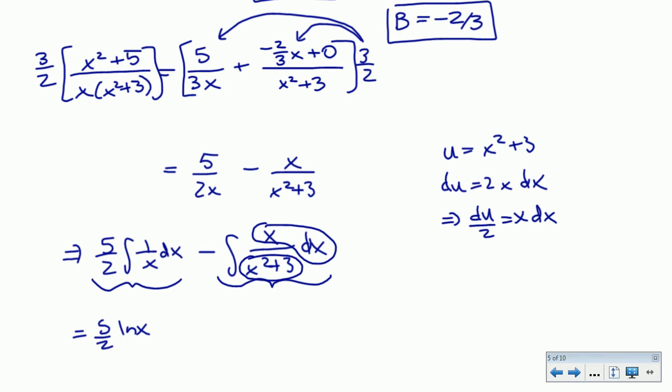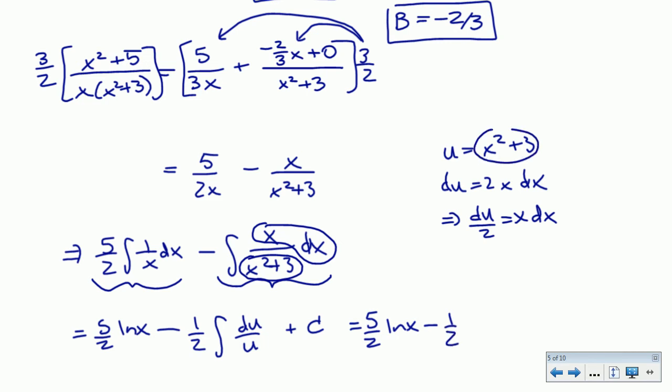So that would make this second integral negative 1/2 du over u. So next we would have 5/2 ln x minus 1/2 ln u, and ln of u would be equivalent to ln of x squared plus 3. So minus 1/2 ln of x squared plus 3 plus the integration constant.